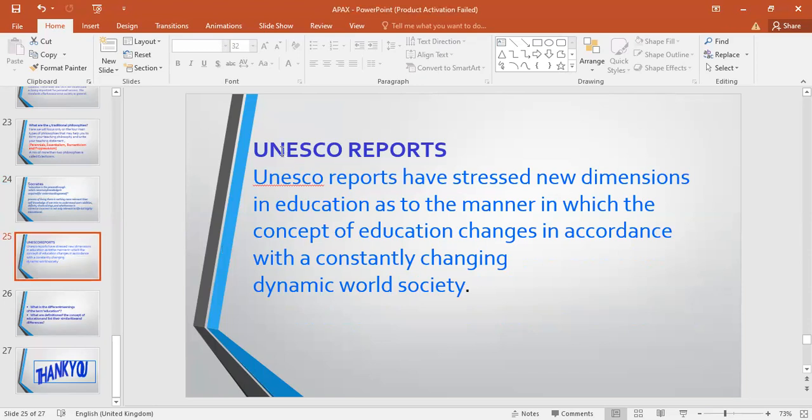Okay, right. Shall we read this? Read that. UNESCO reports have stressed new dimensions in education as to the manner in which the concept of education changes in accordance with the constantly changing dynamic world society.